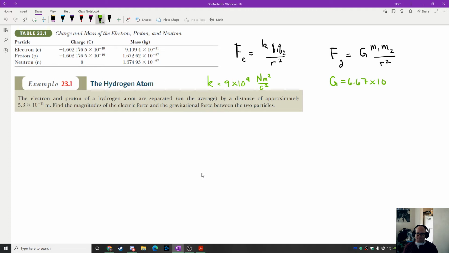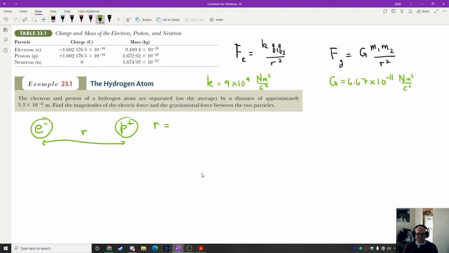So what we have here is basically an electron and a proton that are separated by a distance r that's equal to, right here, 5.3 times 10 to the negative 11 meters. What I want you to calculate is the value of the electric force between the two particles, the value of the gravitational force between the two particles, and then finally the ratio of these two.